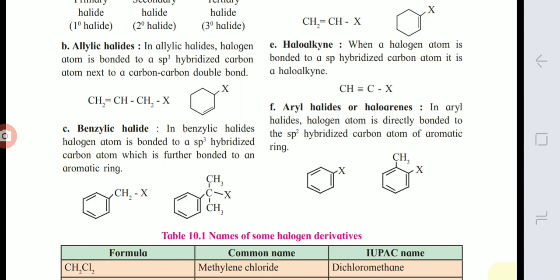The first compound, benzene ring having halogen, is halobenzene. If we consider the second compound, benzene ring attached with a CH3 group, that compound is toluene. So the name is 2-halo toluene.